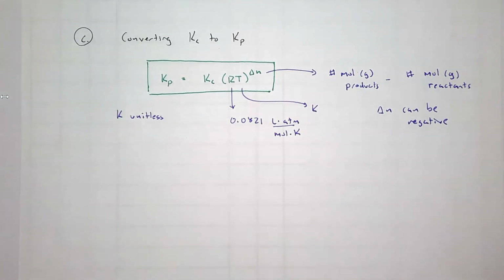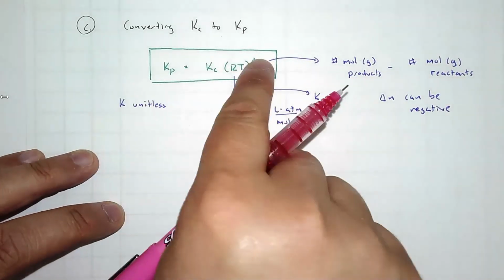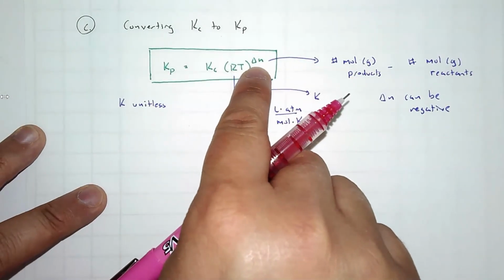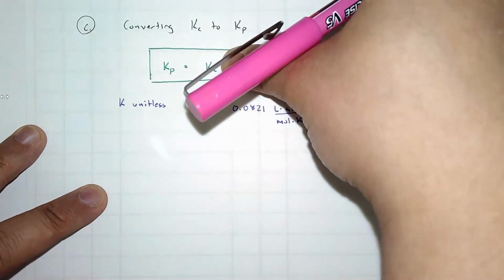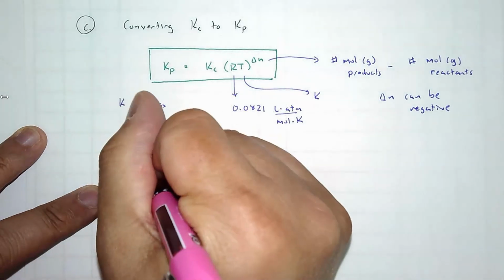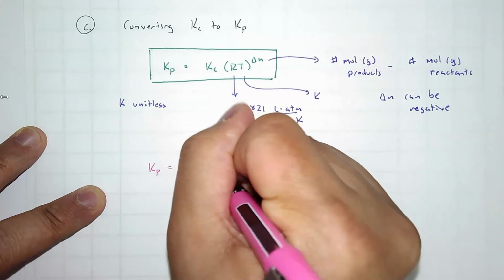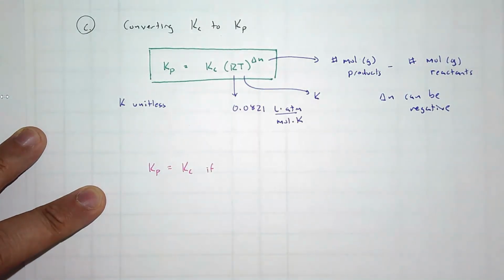There is something that I totally forgot. What's interesting is if the delta n is 0, then that becomes 1, and Kp equals Kc. So Kp actually does equal Kc if you have the same number of moles of gas on each side.